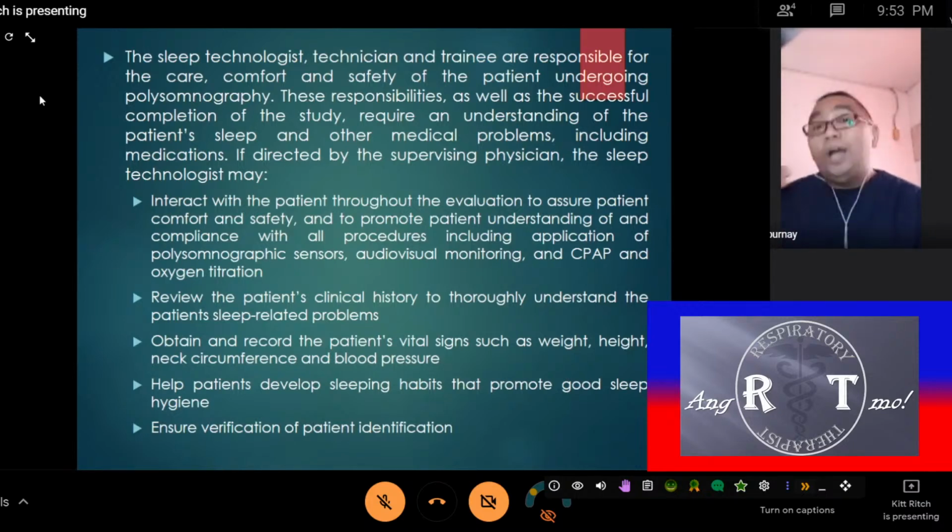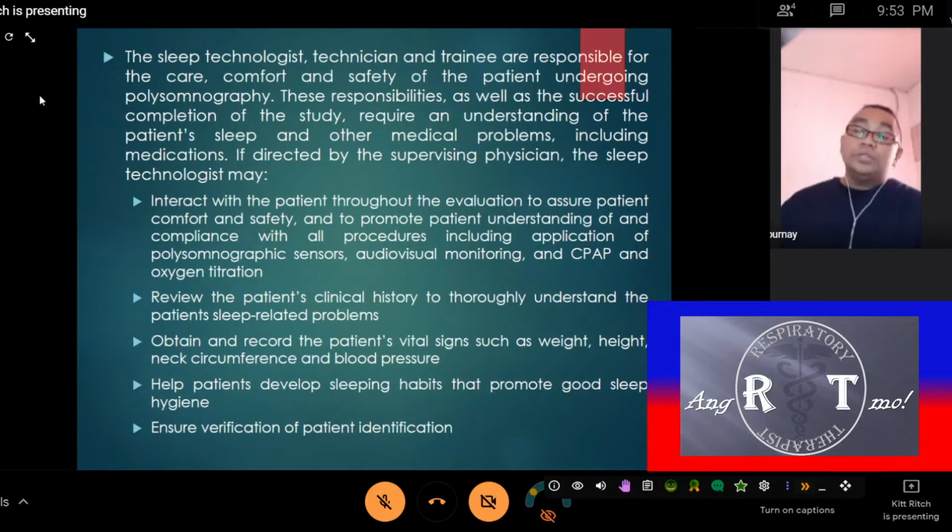You need to understand the reason why they are performing a sleep study. Because once you read all the patient's information, the medical history of the patient, specifically sleep related problems, you will understand the proper approach or intervention in management.